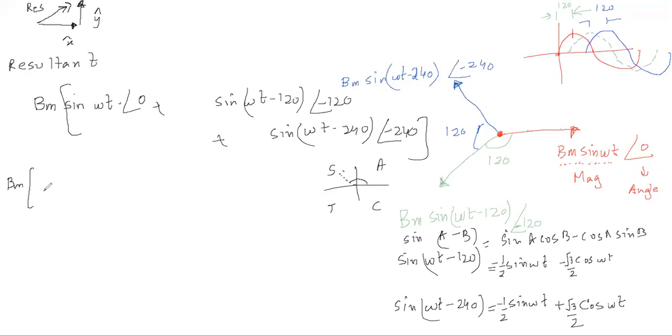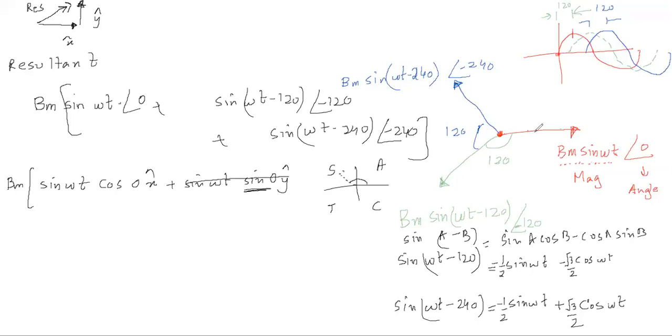So this vector sine omega t, I can resolve it like this. Sine omega t cos of 0 if I want to resolve it in the x direction, and sine omega t sine of 0 if I want to resolve it in the y direction. Obviously sine of 0 is 0, so its y component is 0.